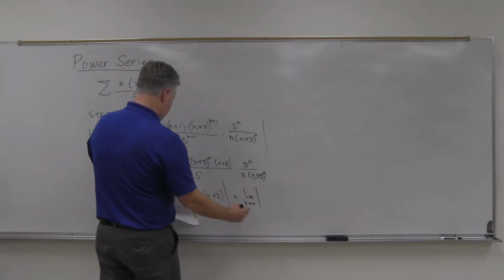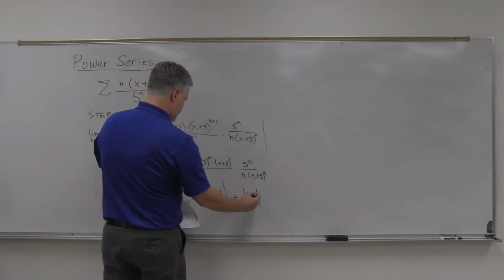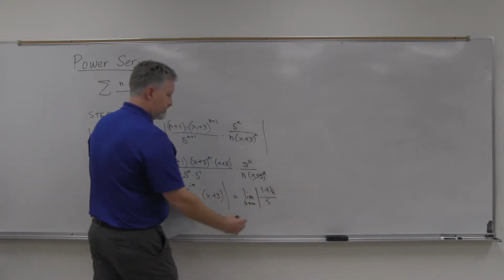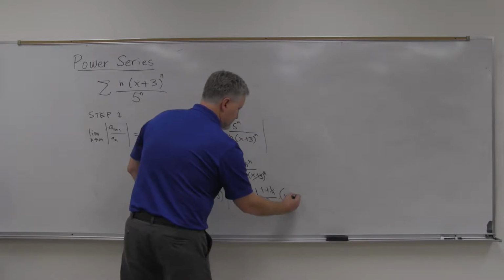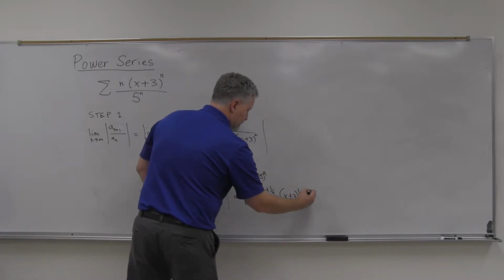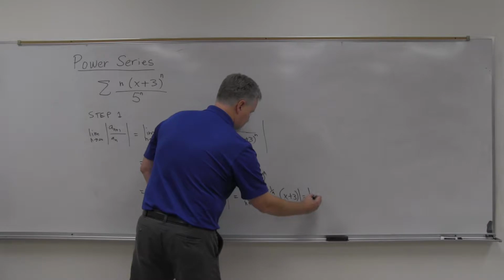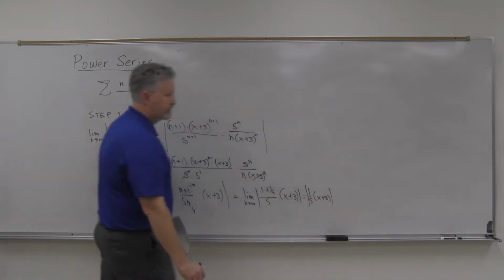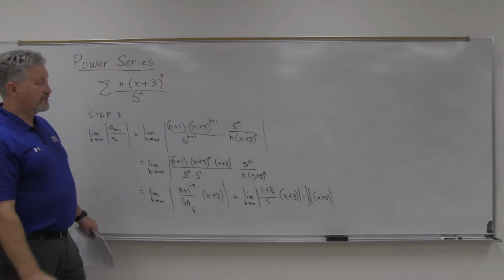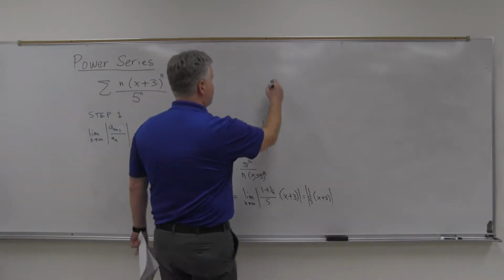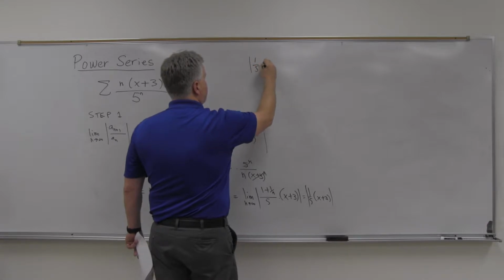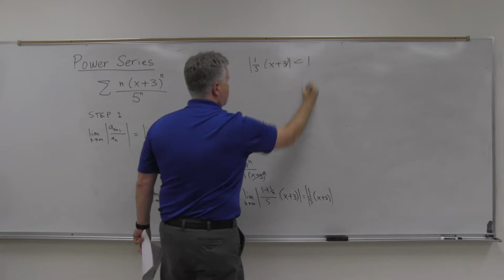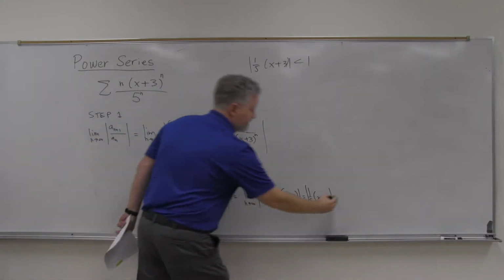Looks like one-fifth times x plus 3. So by the ratio test I need that less than 1.